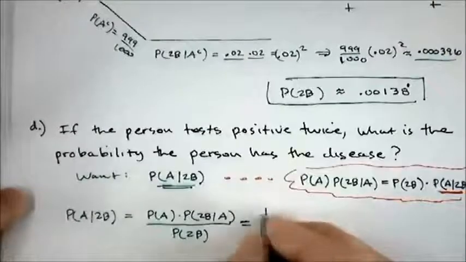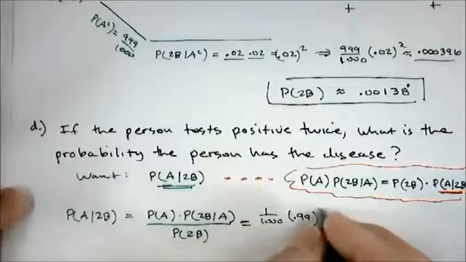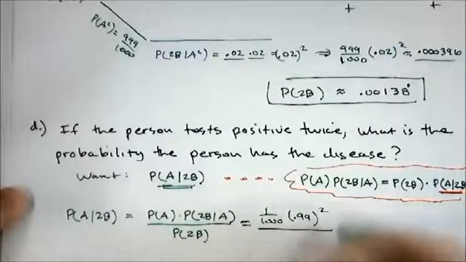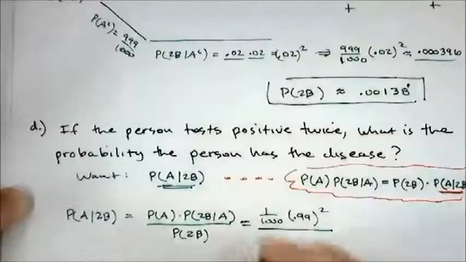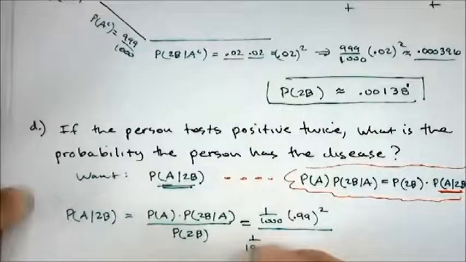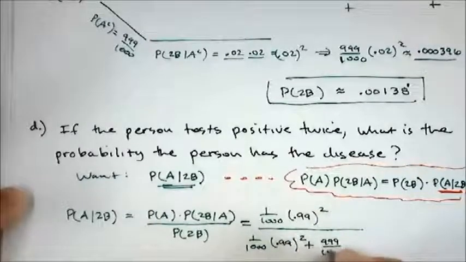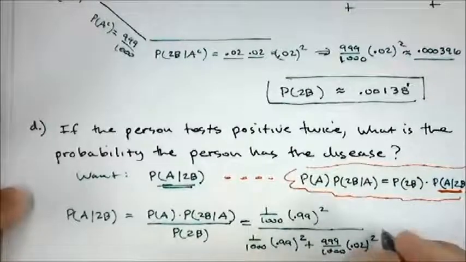So this is your 1 out of 1,000 times 0.99 squared. And the denominator is your total probability of testing. That's what we just worked out. That is your 1 over 1,000 times 0.99 squared plus 999 over 1,000 times 0.02 squared.